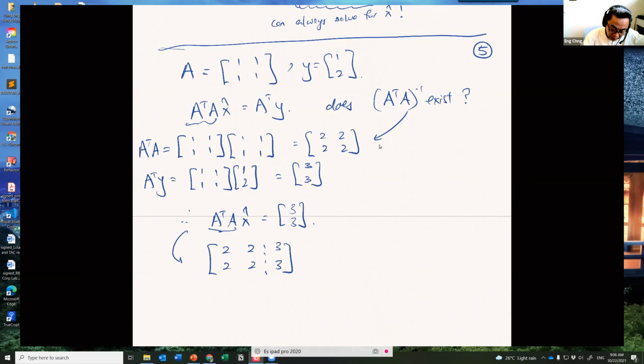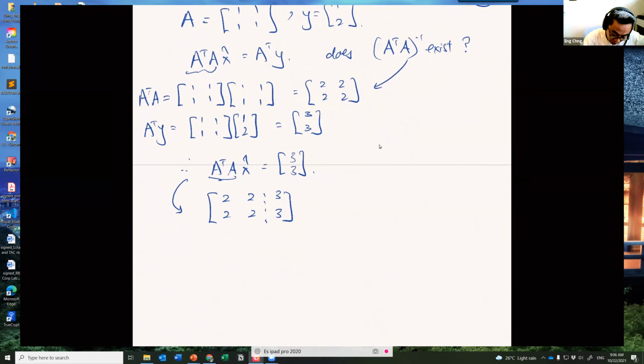You put the augmented matrix and solve for x, which you can, because what will happen now is that you have 2, 2, 3, you have 0, 0, 0. That's nice.